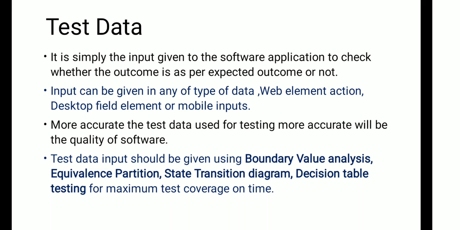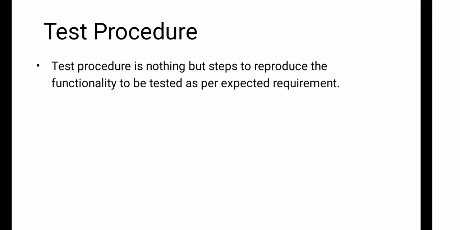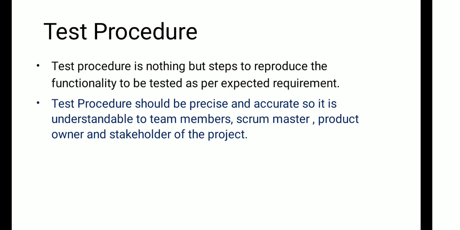Test data input should be given by boundary value analysis, equivalence partition, state transition diagram, and decision table testing for maximum test coverage on time. Then coming on to test procedure. Test procedure is nothing but steps to reproduce functionality to be tested as per expected requirement.